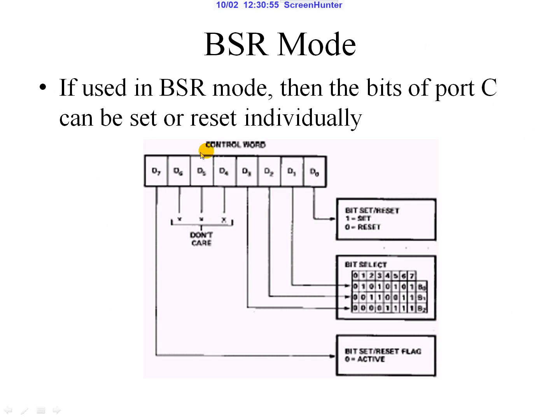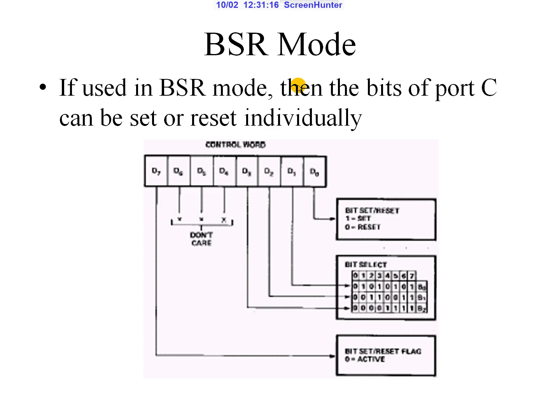BSR mode is going to be programmed by setting this particular D7 pin as 0, that is, the bit set and reset flag is going to be 0. Then this particular 8255 is going to be programmed in BSR mode.